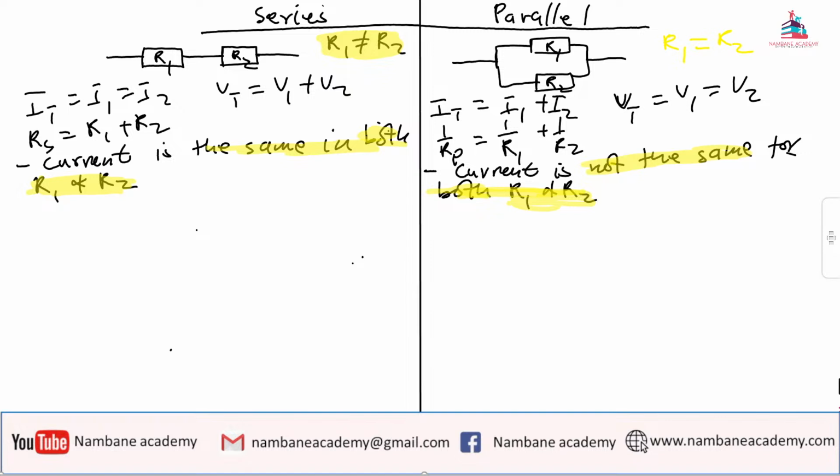If that is the case, the only relevant equation here that will assist me is the equation P is equal to VI. At the very same time, P is equal to I squared R.